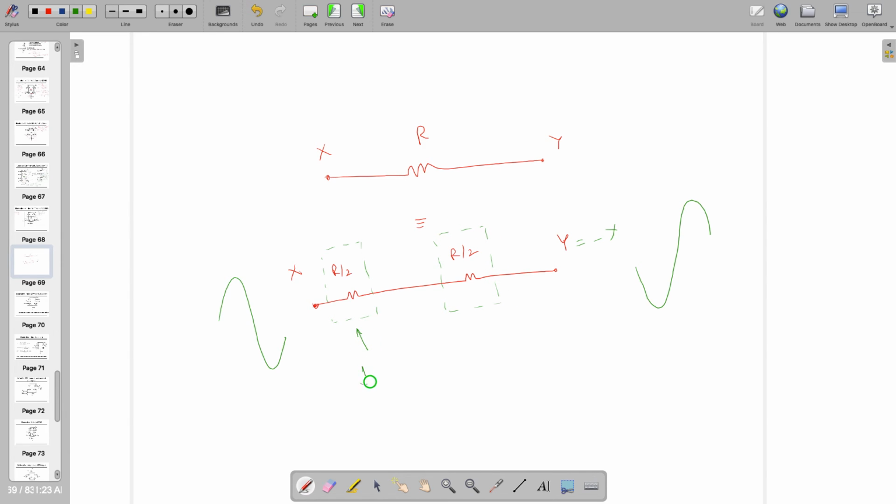Let's call the first one balanced network, and the second one balanced network. In that case, the line which is connected in between these two networks is ground, or you can say it's AC virtual ground.